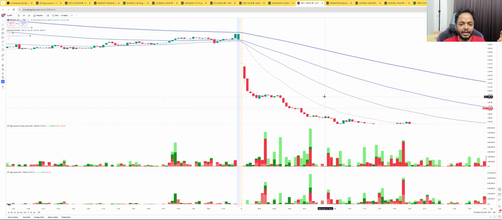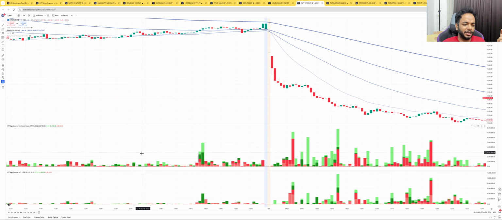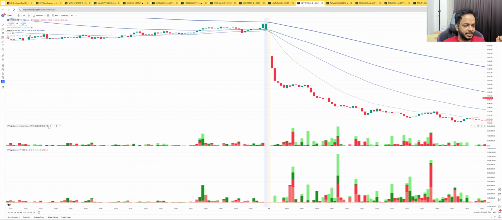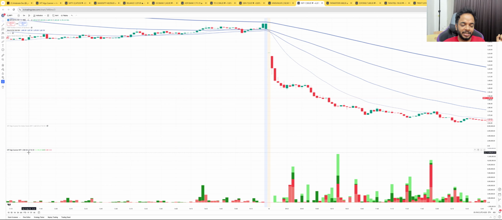After the gap down, we should change our ATM. So let's change our ATM. Here the ATM is 1660, and now I've kept it as 1580, the same 2703, the same expiry.